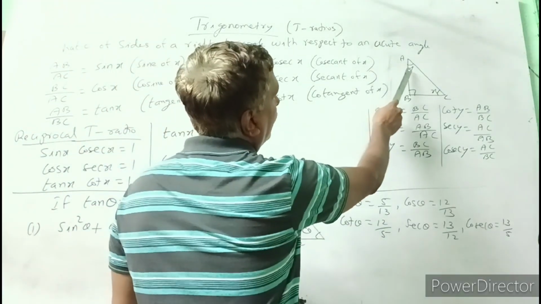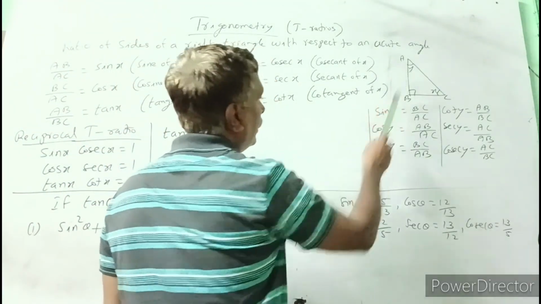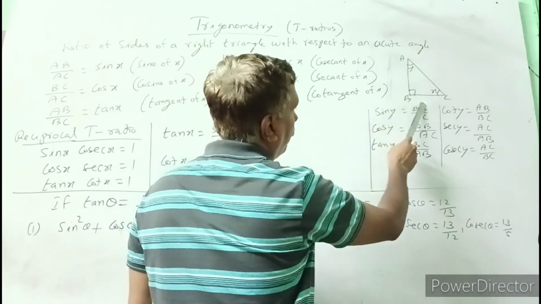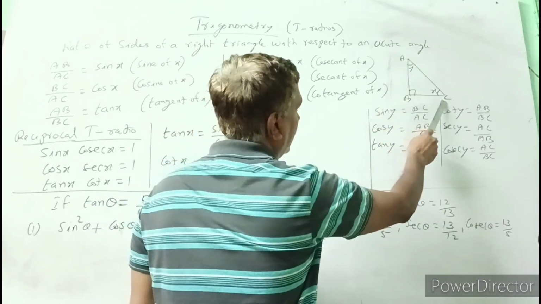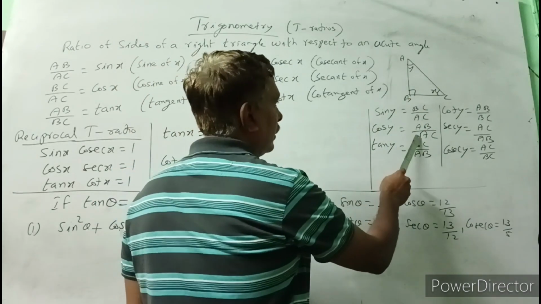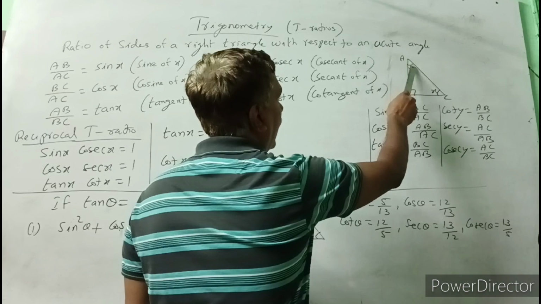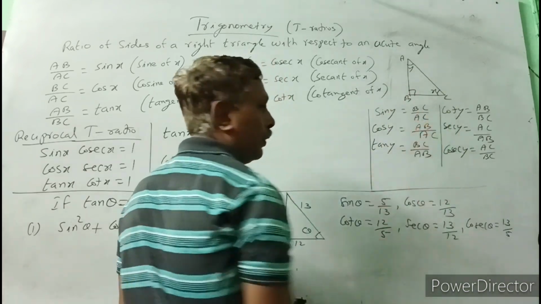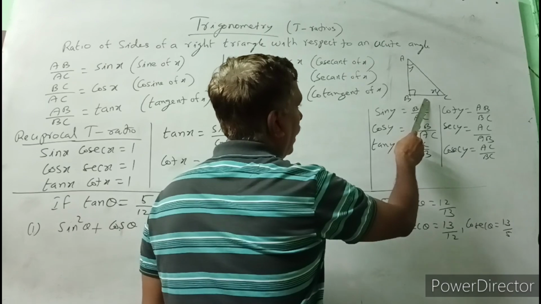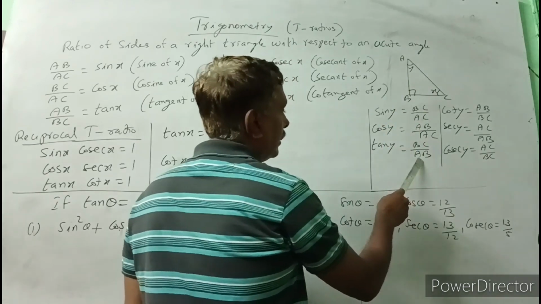Similarly, for the acute angle Y: sin Y, the opposite of angle Y, is BC upon AC. Cos Y, the adjacent of angle Y upon the hypotenuse. Tan Y, the opposite side upon the adjacent side.